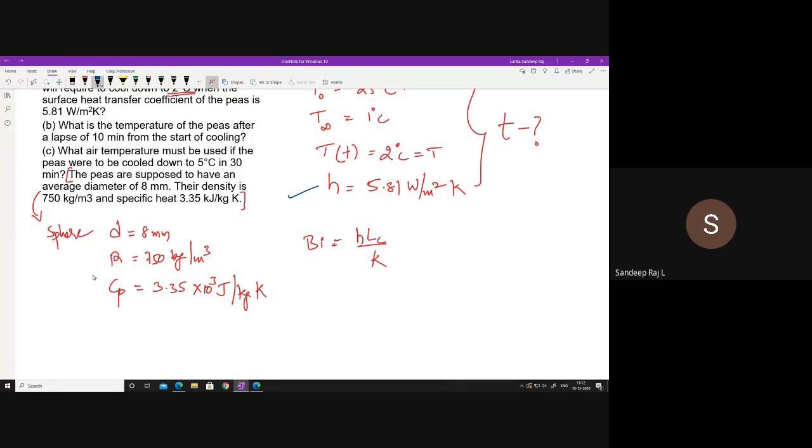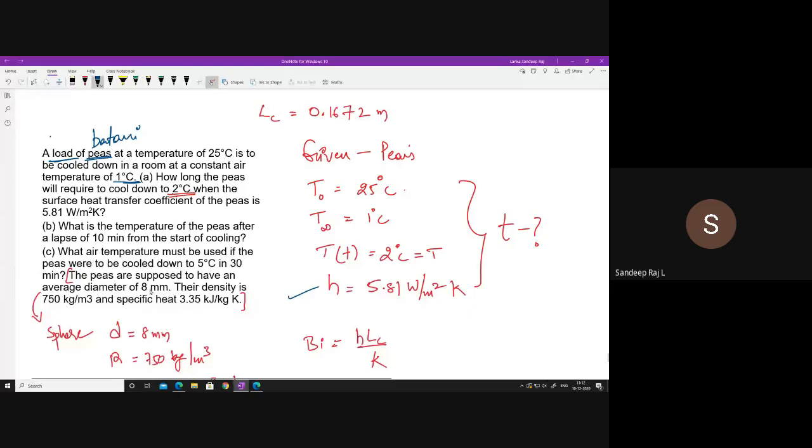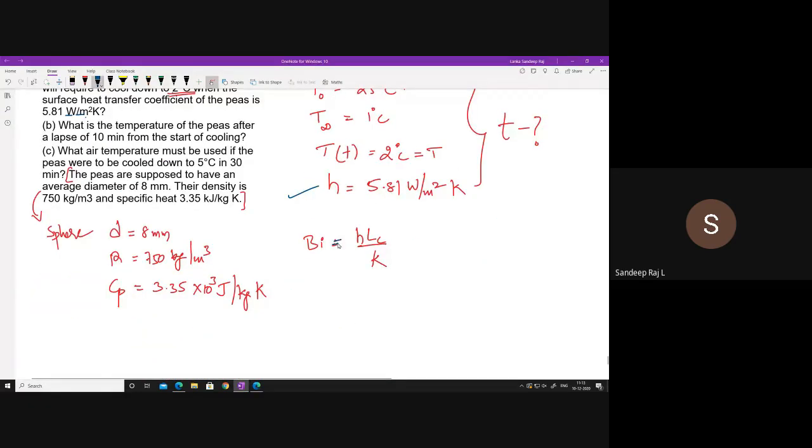Is the k value given in the question? See, the k value is not given in this question. So obviously you have to proceed without finding the Biot number itself. See, how can you solve the problem if the k is not given?